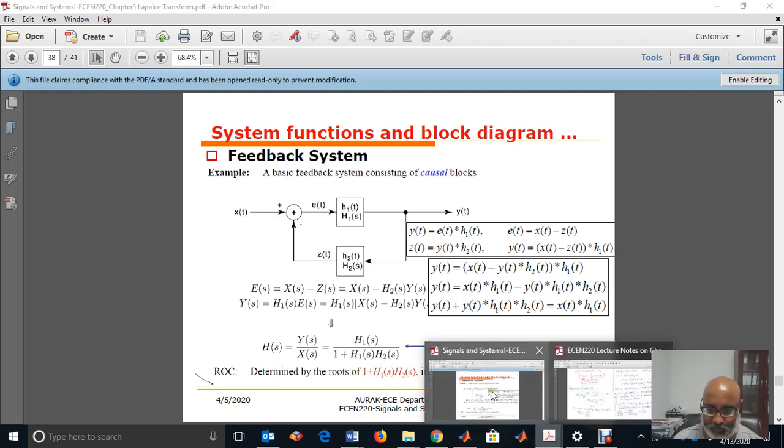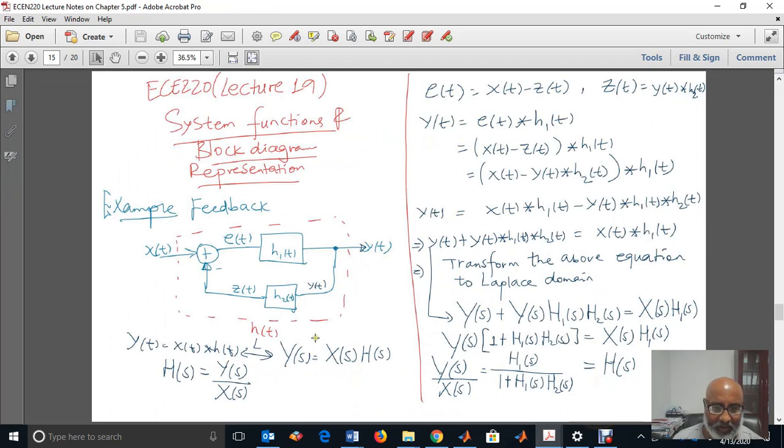Okay, let's go back to the class notes again. Now, let's try to find the overall transfer function in terms of H1 and H2. What is y of t? Y of t is x of t convolved with h of t.